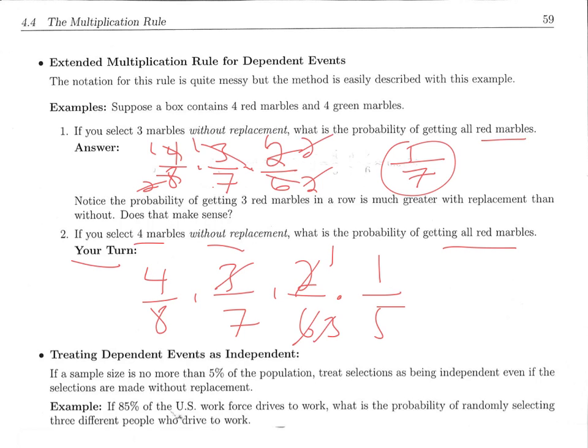That 3 goes away. And that's 1/2. Anything else I can cancel out? I'm not seeing it. So 1 times 1 times 1 times 1 is 1. And 2 times 7 is 14, times 5 is 70. Not very likely.